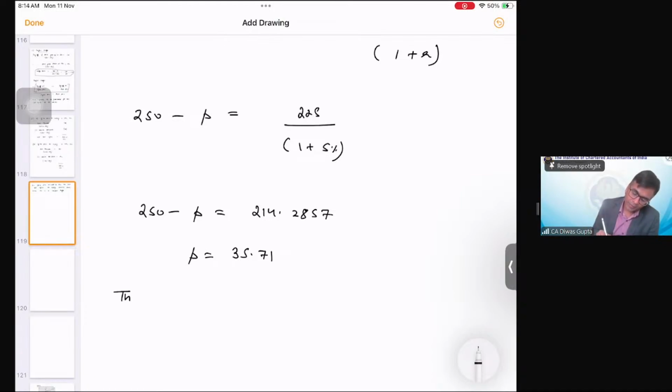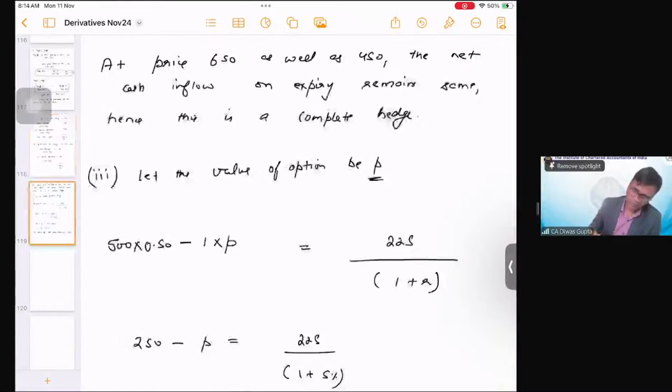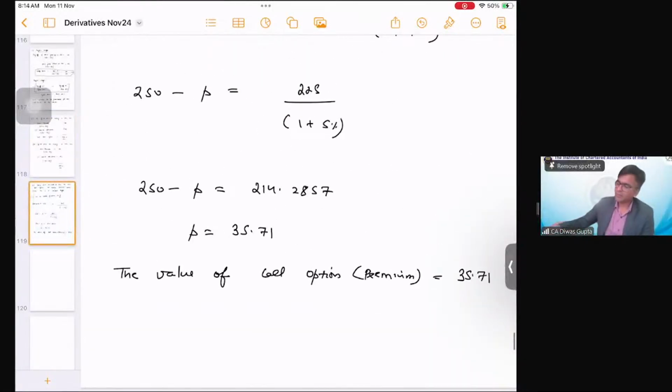The value of call option, which we call the premium, is equal to 35.71. I hope this is clear till now.